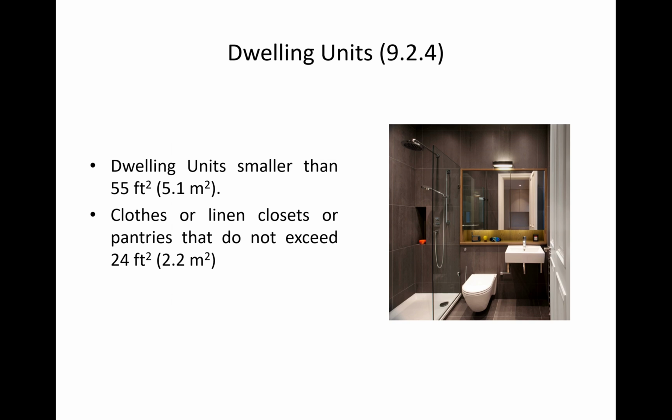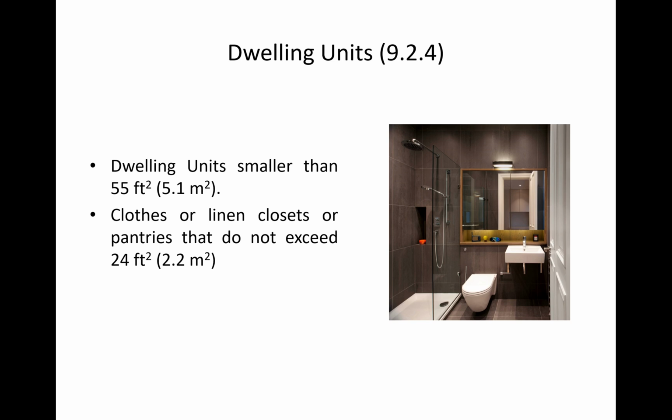Also for dwelling units, we have two cases. The first case is for bathrooms that are less than 5.1 square meters and have 15 minutes or more fire rated walls. For this case, a sprinkler can be omitted from the bathroom.